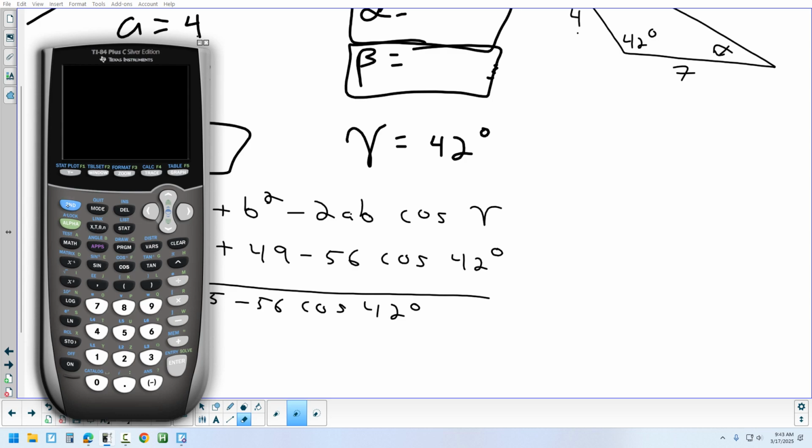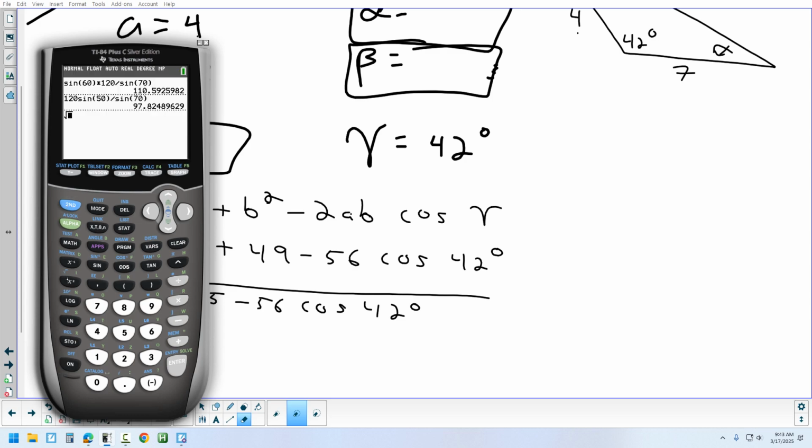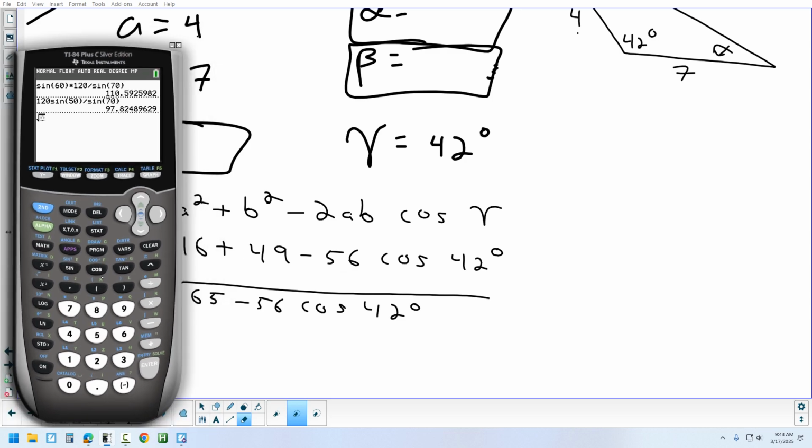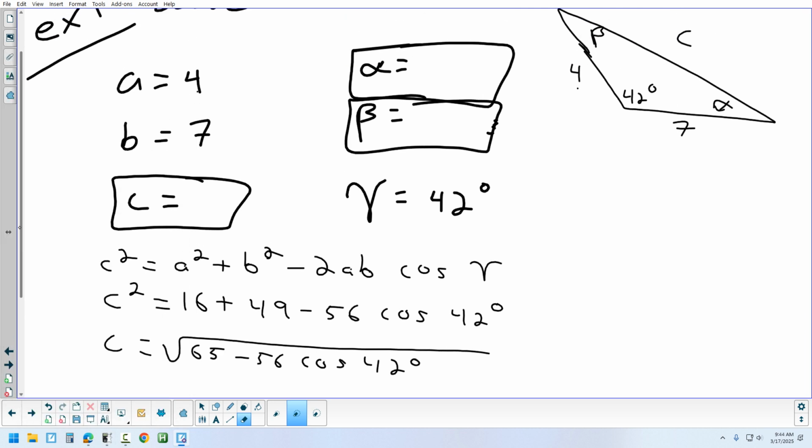All right, so we have square root of 65 minus 56 cosine 42. And that's 4.836. And that's C.